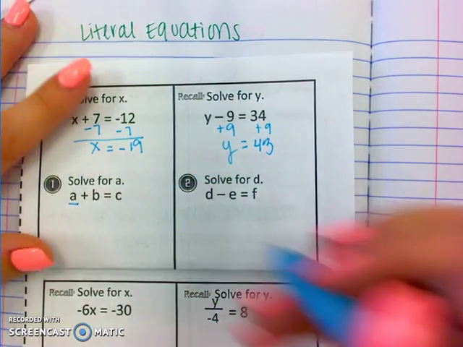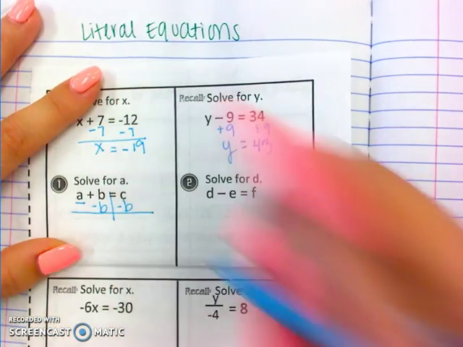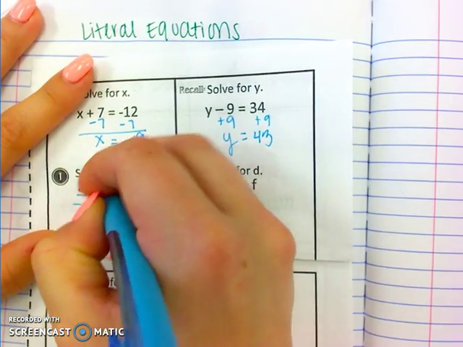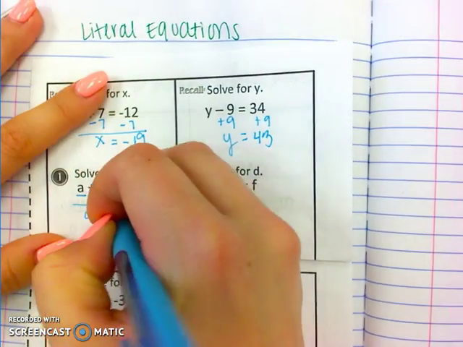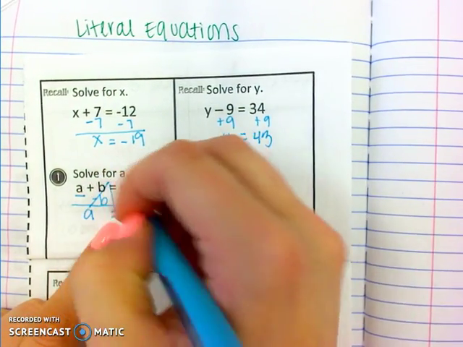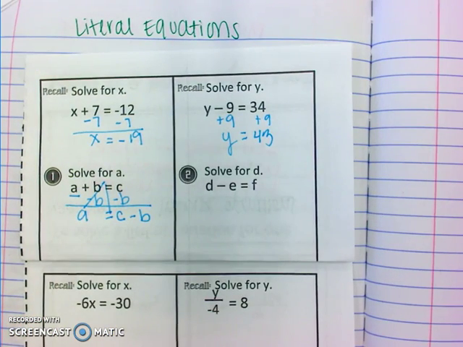I'm going to subtract B from both sides. So then I have left on the left side A, because B minus B is nothing, equals, well, what was already here, C, and then I have a subtract B. I cannot combine those terms, because they're not like. So I just leave it like that. That is my final answer.